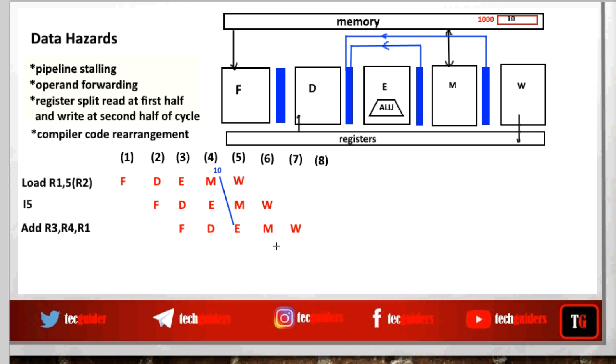These kinds of data hazards are called read after write data hazards. With this kind of five-stage pipeline architecture, where we consider one cycle for each stage, only read after write hazards are possible. But there are other two kinds of data hazards which we will discuss in the next video.